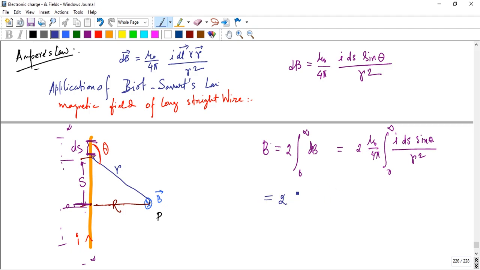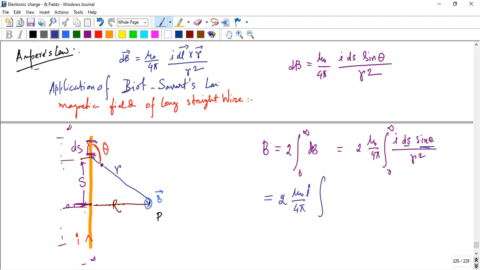I is also a constant. Here ds and r square are present inside the integration. Now the important part is sine theta.